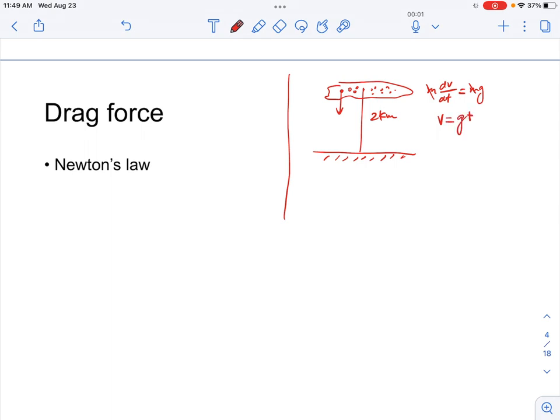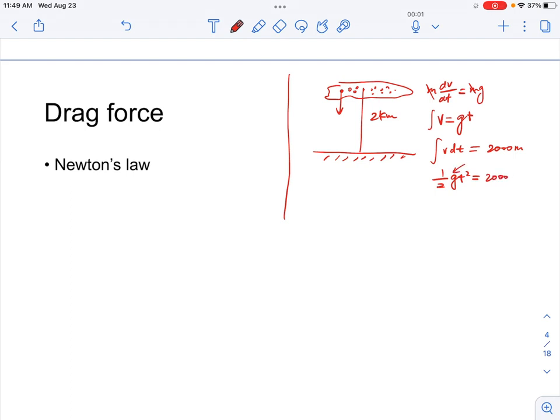Okay, so while the particle is accelerating, it has a total distance to settle, right? The total distance is 2 kilometers. So you can integrate the velocity by time, and this should equal 2,000 meters. So you're going to have 1/2 gt squared equals 2,000.